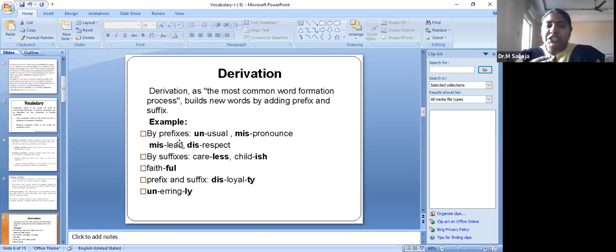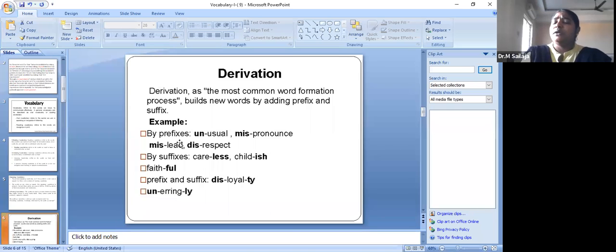Next, let me finish by explaining suffix also. Prefix means fixing something before the word, the front part of the word. Suffix means adding something after, the back part of the word. How the suffix works: the word care looks positive.